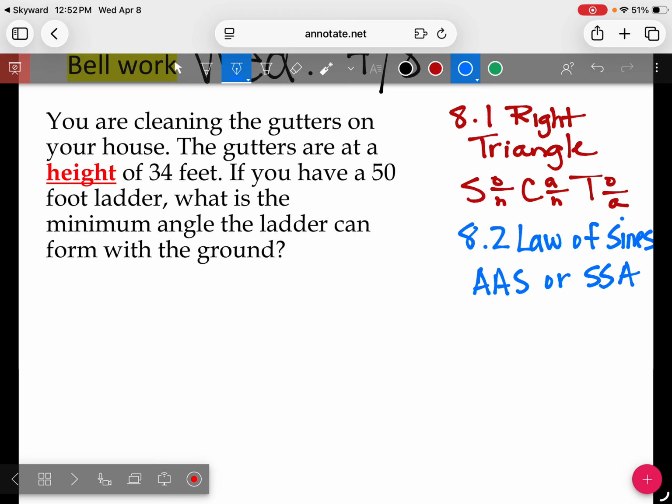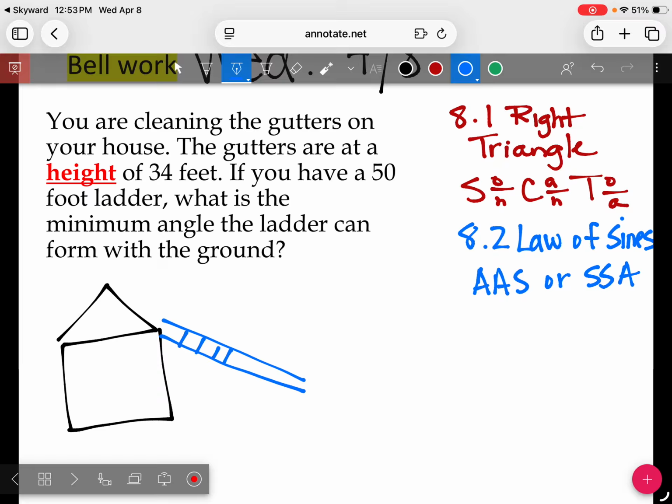So let's go ahead and set it up. So I have my house. And then I have my ladder. And then under the ladder is my right triangle, right there.